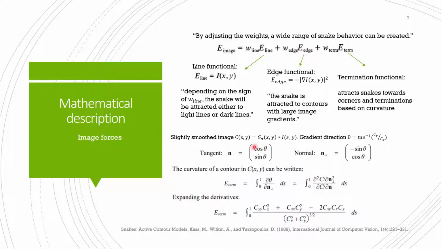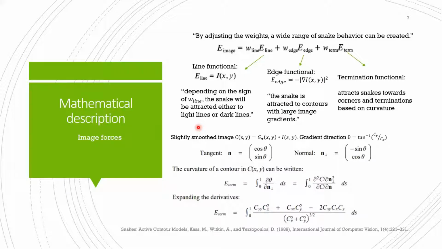It has this formula. The G sigma is the Gaussian with sigma as a variance, and G into image, Gaussian into image, means it's just smoothing the image. If we call it as C(x,y), then the gradient direction theta is equal to tan inverse of Cy by Cx.